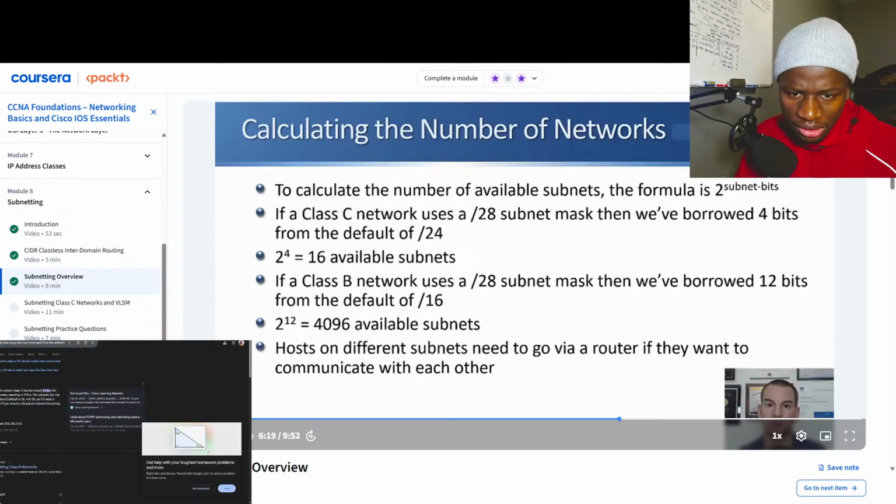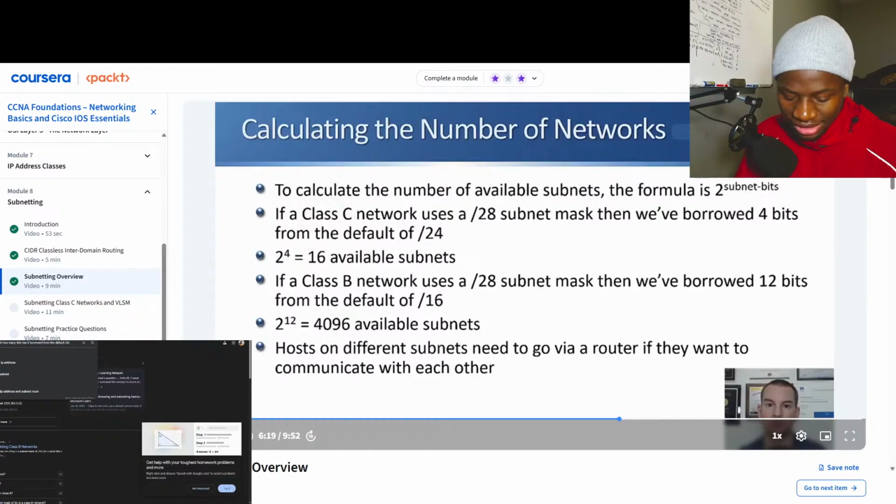If a class B network, default /16, uses a /24 subnet mask, it borrowed 8 bits from the host portion to create subnets, resulting in 2 to the power of 8, or 256 subnets. But the question has a slight contradiction, as a class B default is /16, not /26. Come on, you know what I meant.